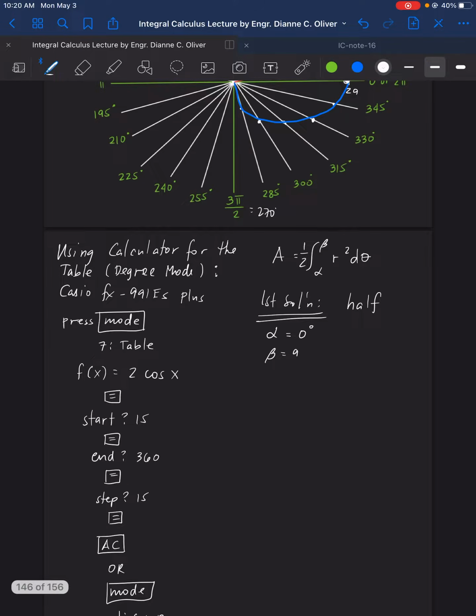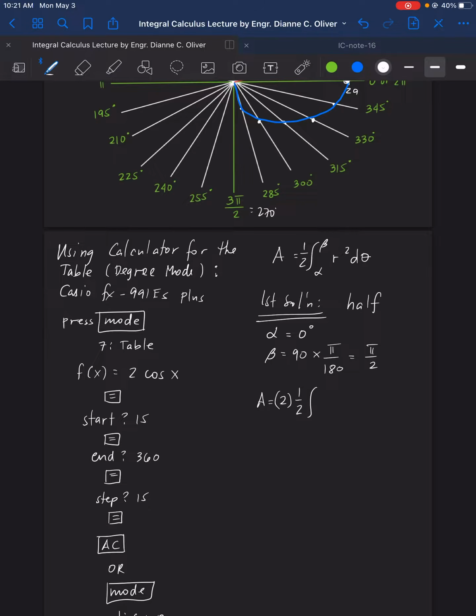So we have here 90 degrees times pi over 180. We will convert that into pi over 2. Therefore, area now is equal to twice of the computed area.